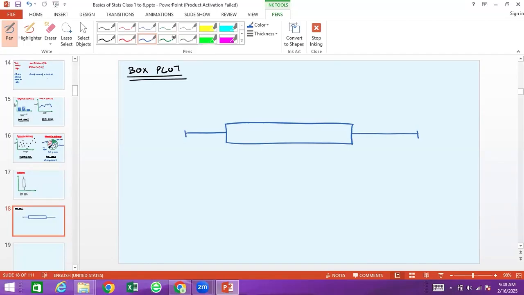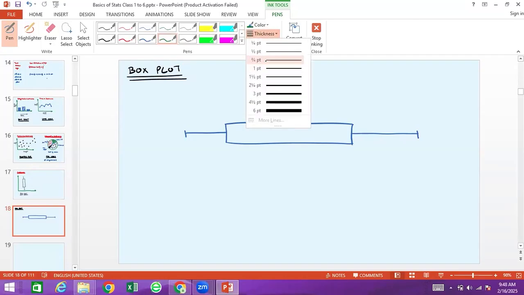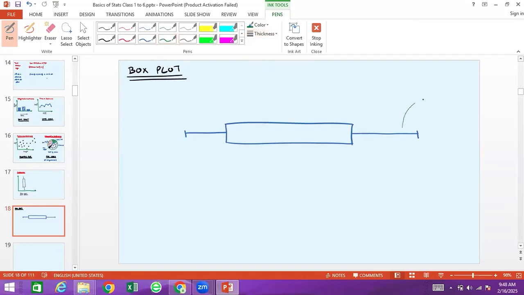These lines that you see are called whiskers. And there will be one line in between as well, somewhere here.